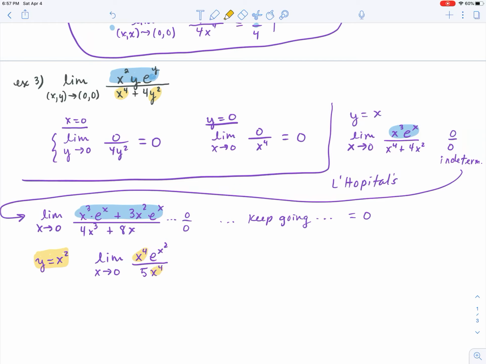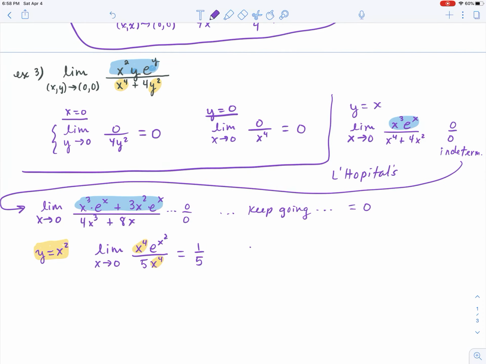And you can see that because those were like terms, now we could reduce and we don't have that 0 over 0 thing happening anymore. And e to the x squared is going to approach 1. Actually, it doesn't need to approach it. This is continuous at this point, and so then we just get 1/5. Therefore, the limit doesn't exist.